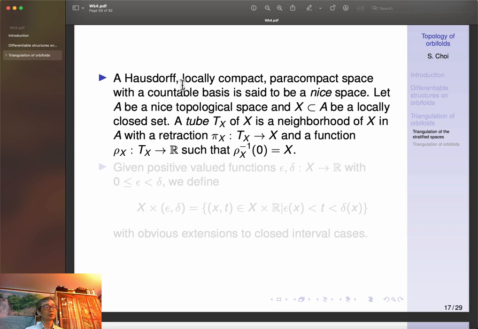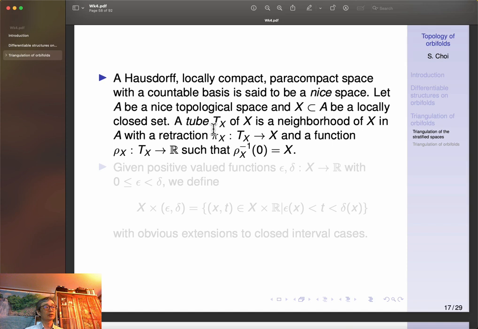A Hausdorff, locally compact and paracompact space with countable basis is said to be a nice space. Let A be a nice topological space and X a subset of A that is a locally closed set.